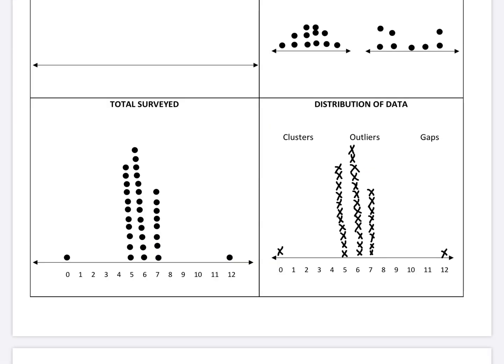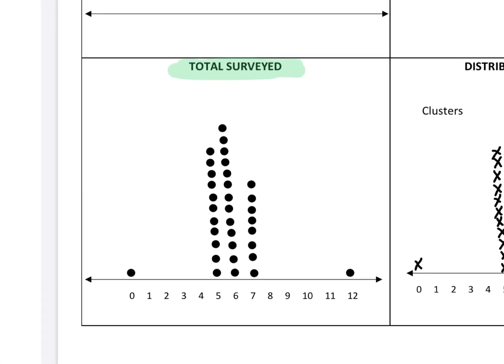Part 3 of our notes is talking about the total amount of people surveyed. So you want to be on the third section, the third box, and we're going to talk about the total number of people surveyed. The first thing I want you to write down is what total means. Total means the sum of, or it means all once you add them up.